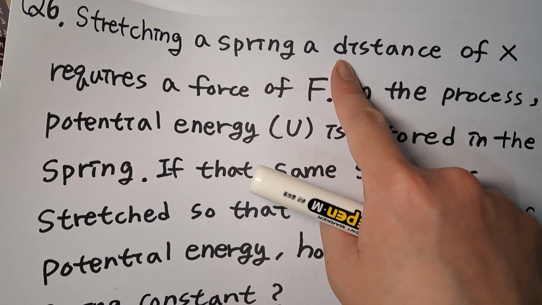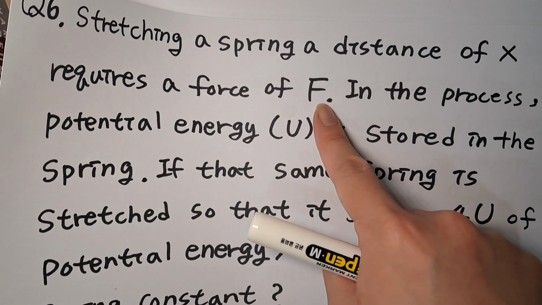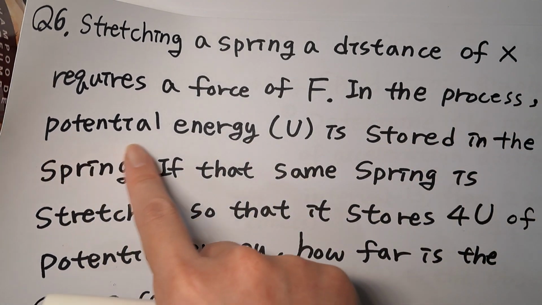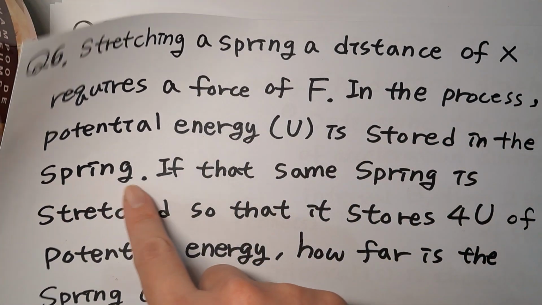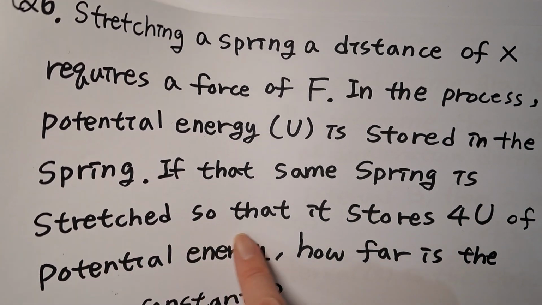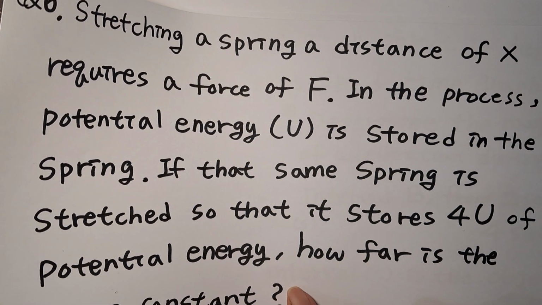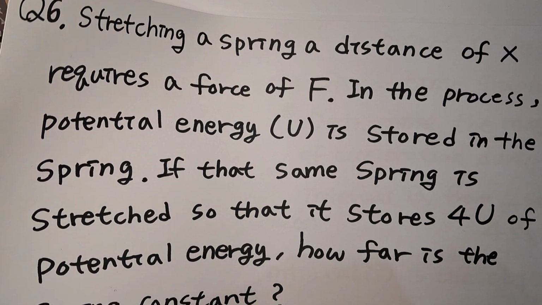Stretching a spring a distance of x requires a force. In this process, potential energy is stored in the spring. If the spring is stretched so that it stores four times the potential energy, how far is the spring stretched?